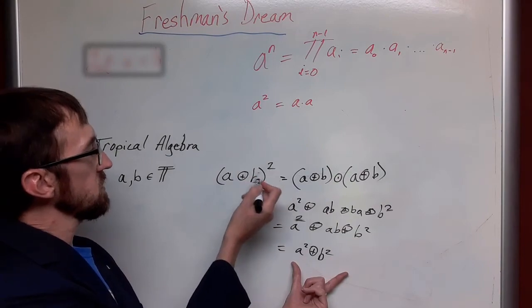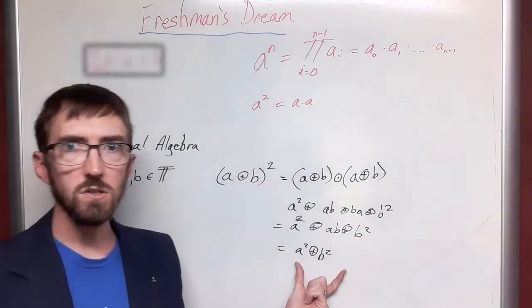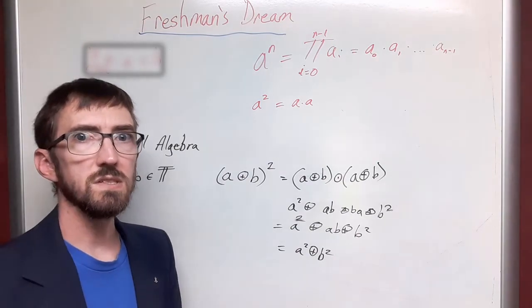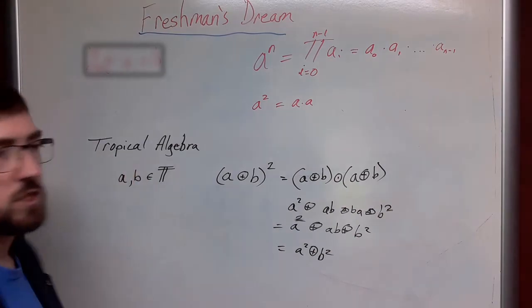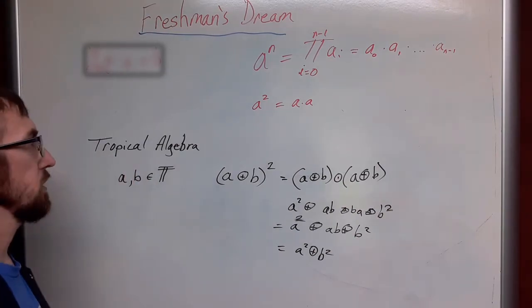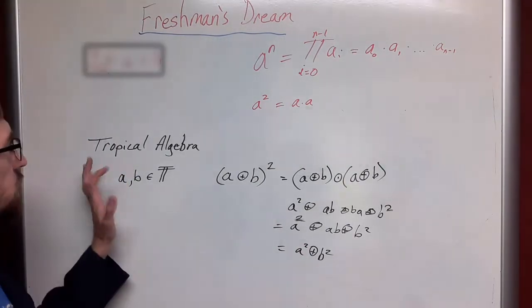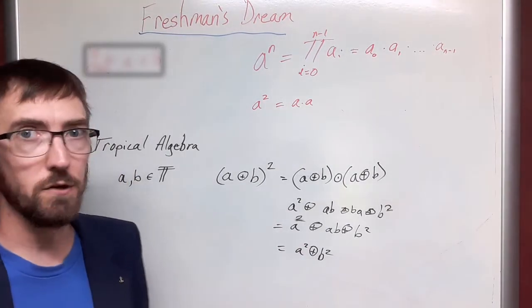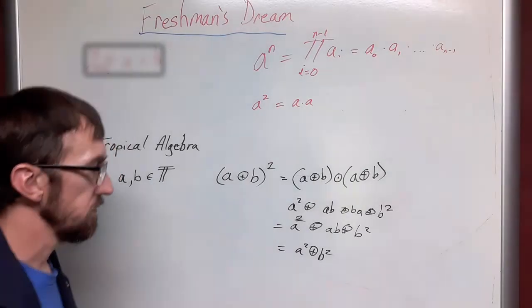It looks like this 2 distributed inside the parentheses, so this and this are equivalent statements in this algebra. So this gives us the freshman's dream if we change the algebra that we are in. Classical algebra, it doesn't look like it distributes. In tropical algebra, it gives the appearance that it does distribute. So this and this are equivalent.